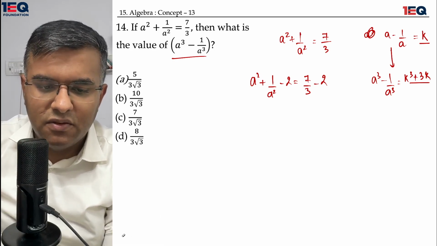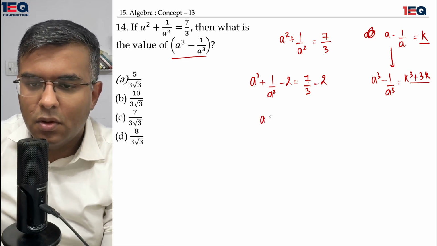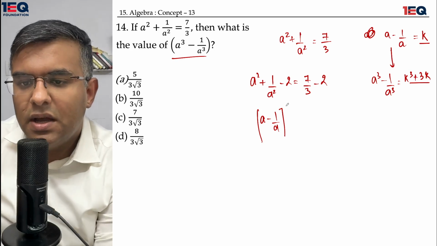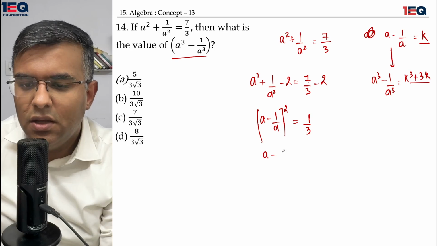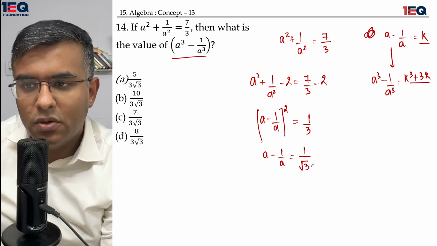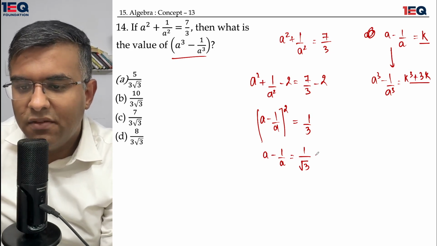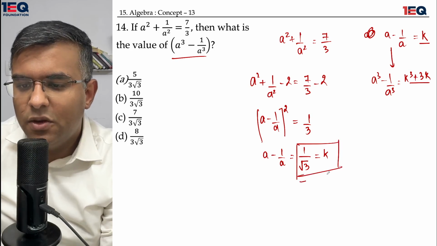I will reach my value of a minus 1 upon a, this entire situation squared, is equal to 1 by 3. When I say a minus 1 by a is equal to 1 upon root 3, that is when things go better for me. I've now gotten the value of k with me. Okay, this is the value of k that I've gotten.